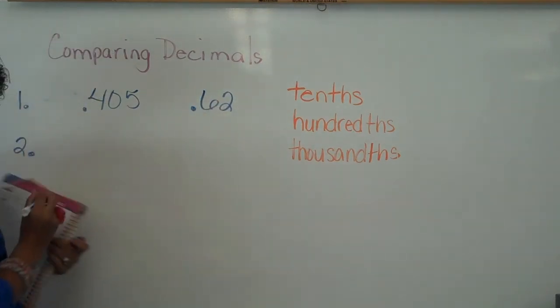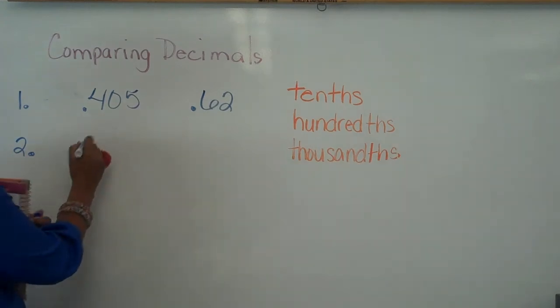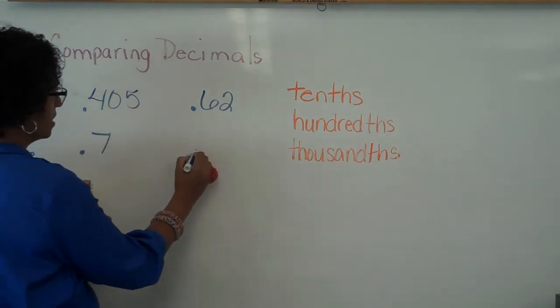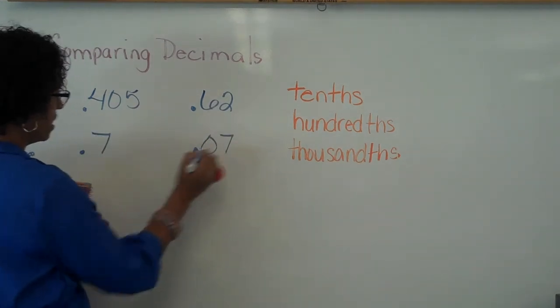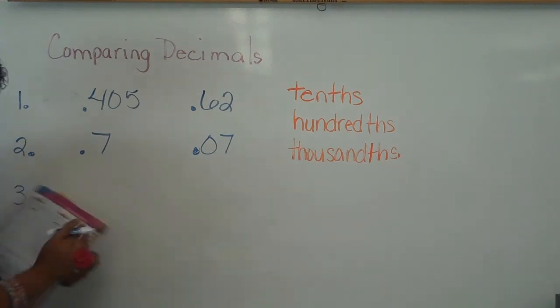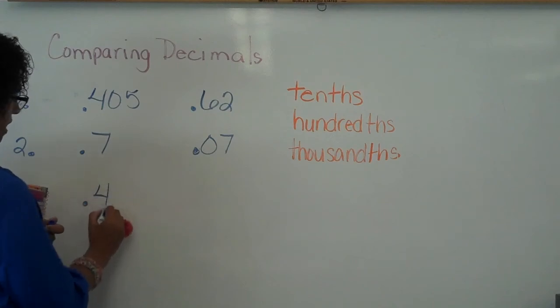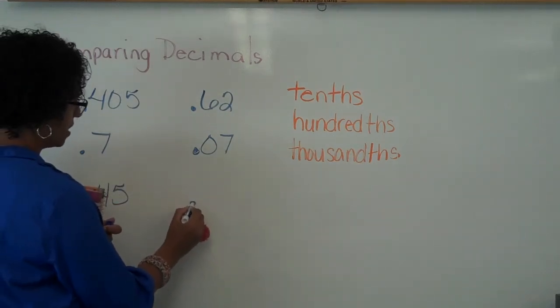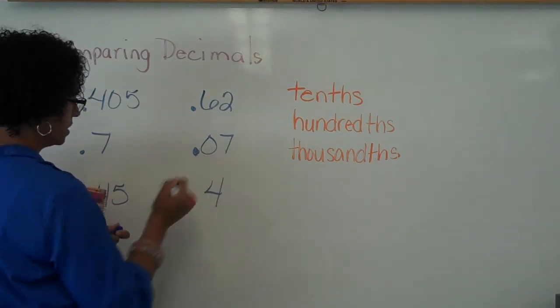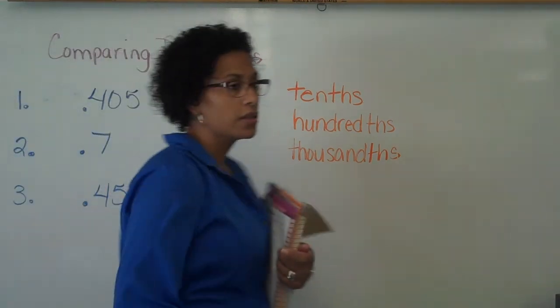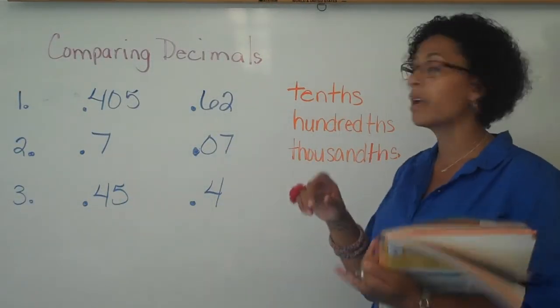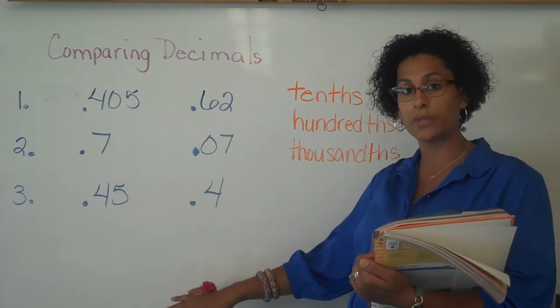Number 2, 7/10 compared to 7 hundredths. And number 3, we're going to do 45 hundredths compared to 4/10.